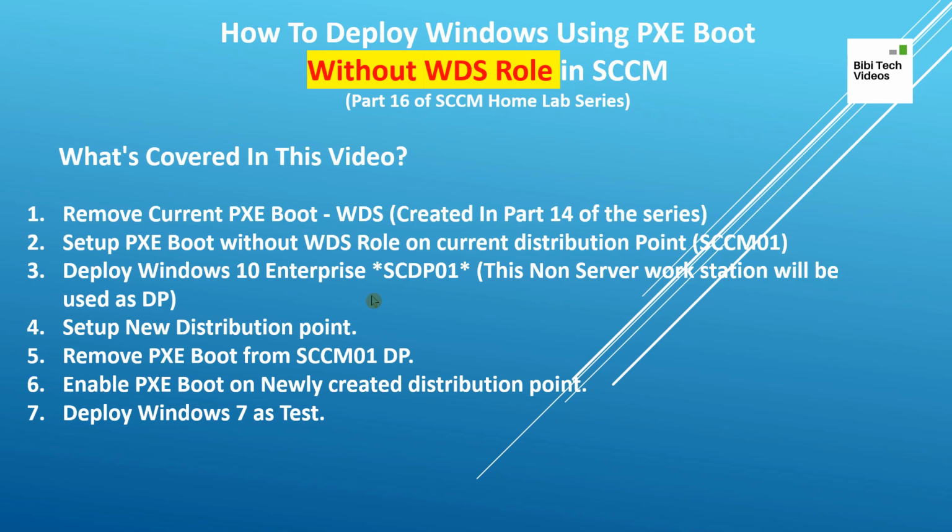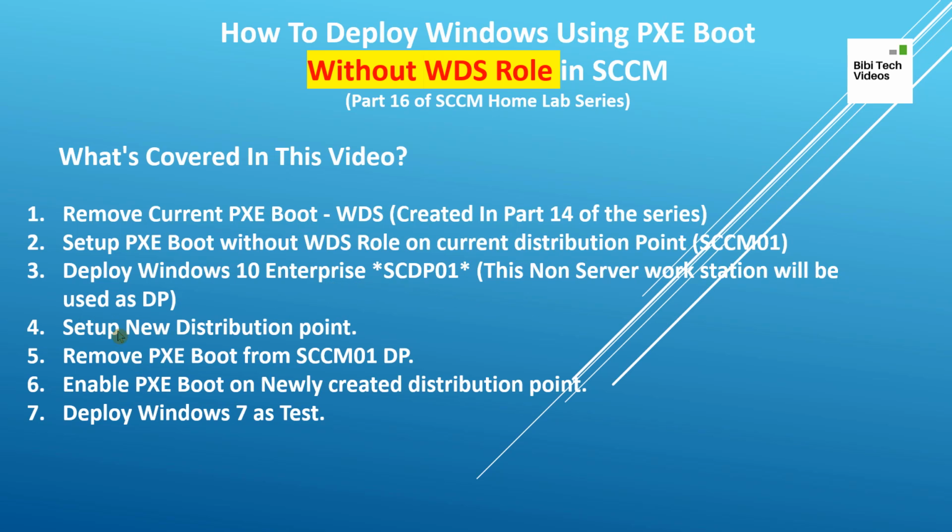You could deploy Windows 10 Enterprise or even Windows 10 Pro, set it up as a distribution point, and use it as a PXE boot. It's a very good cost-saving way of deploying PXE into the production environment. Obviously, this would be a lab in this video, but you could do this in a production environment too.